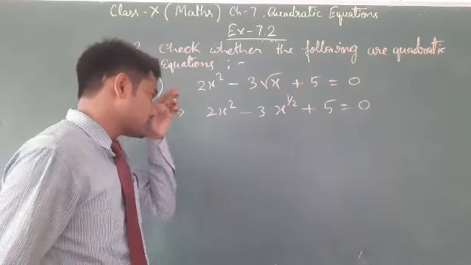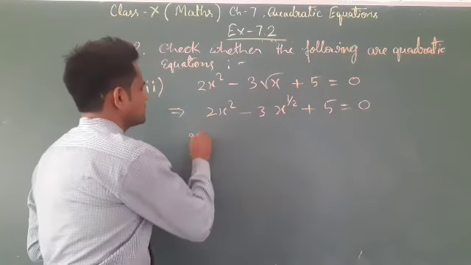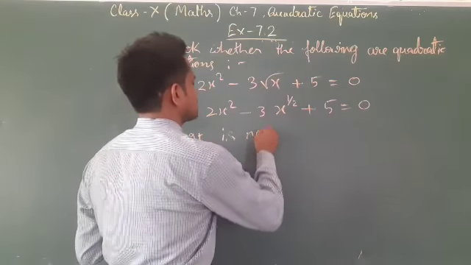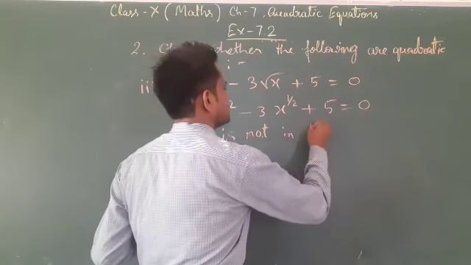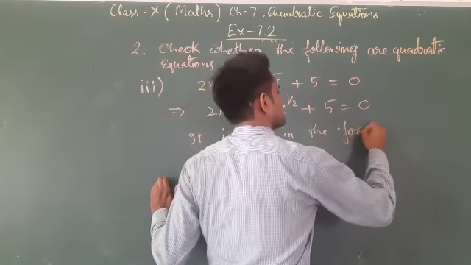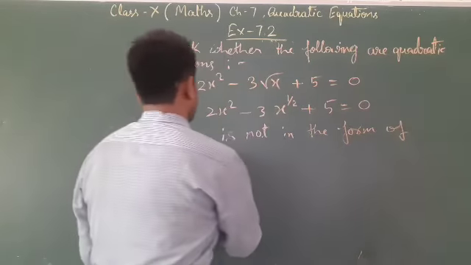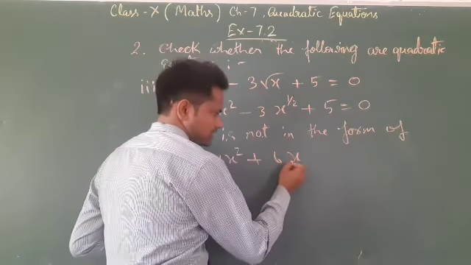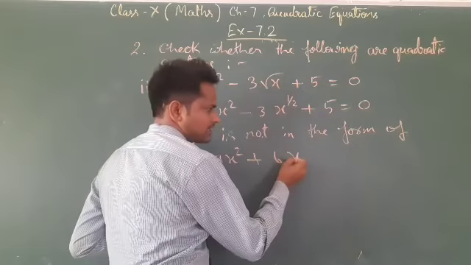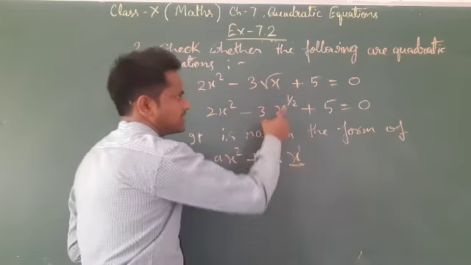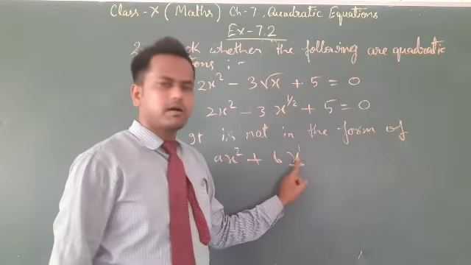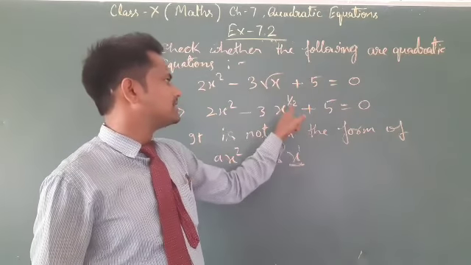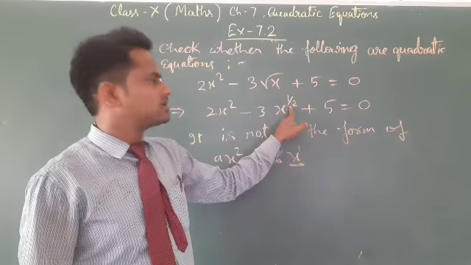Got it? So it is not in the form of ax square plus bx. Here remember it, here x to the power 1, and here the power of x is a positive integer, and here there is no integer.